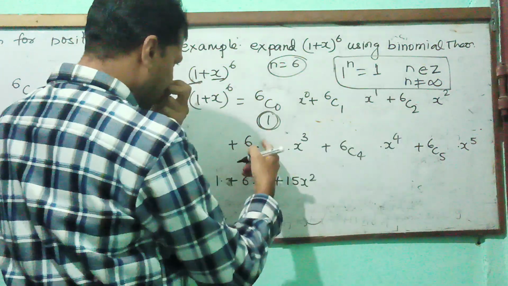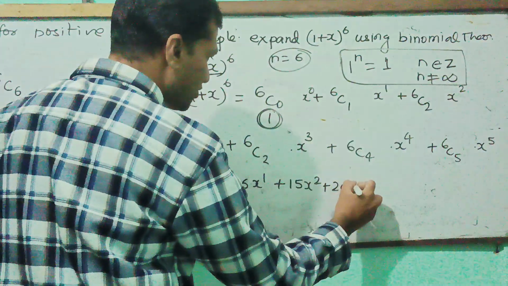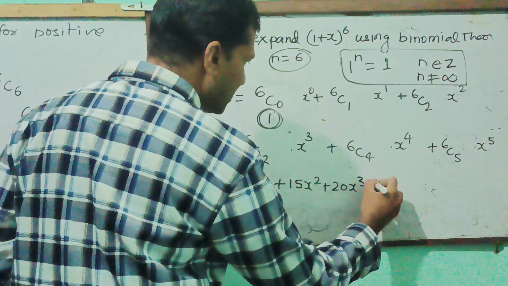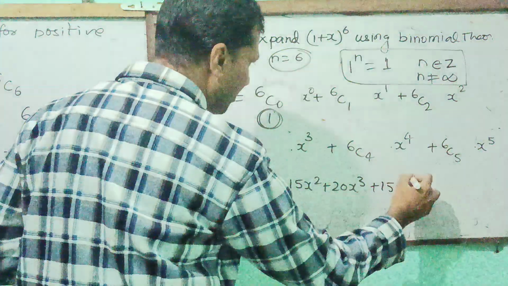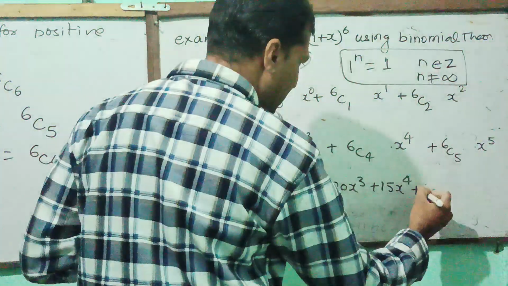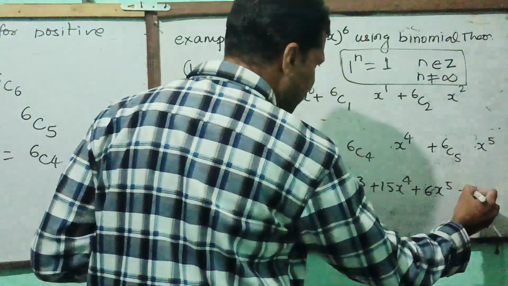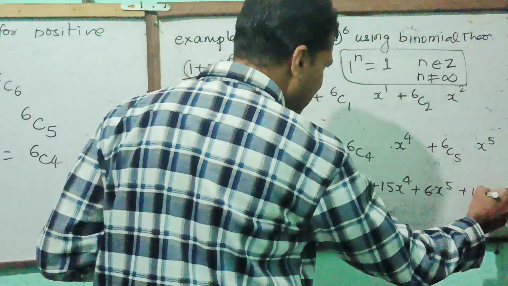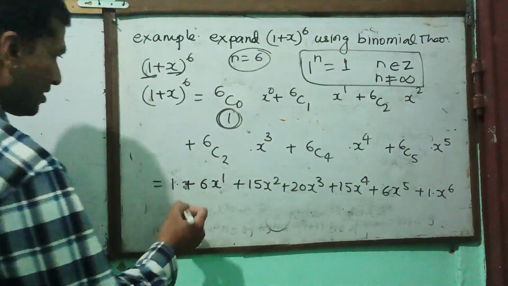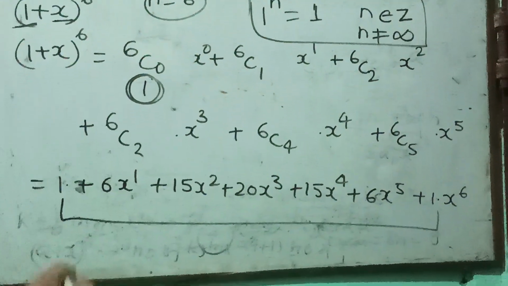Then 6C3, 20 x to the power 3. 6C4 is 15 x to the power 4. 6C5, 6 x to the power 5, and the last term is 1 into x to the power 6. So what we can observe over here is that the first term and last term coefficients are same.